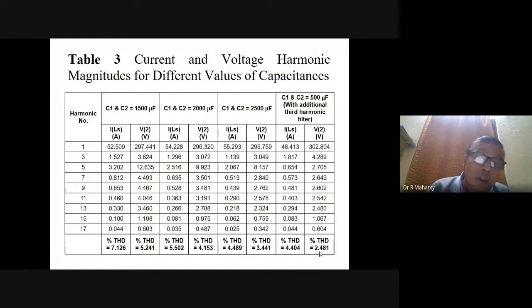Therefore, even in the worst case, this quasi-passive filter is working satisfactorily. Even with a capacitor value of 500 microfarad with an additional conventional third harmonic filter, with the THD very high, of the order of 80 to 85%, the THD can be reduced to less than 5%.